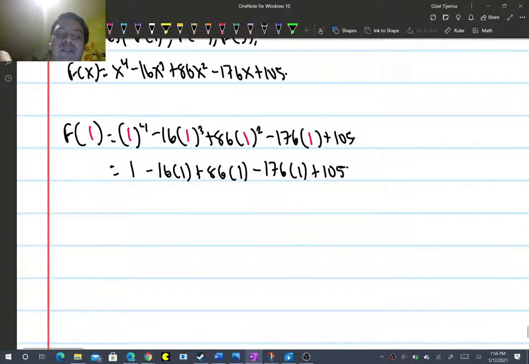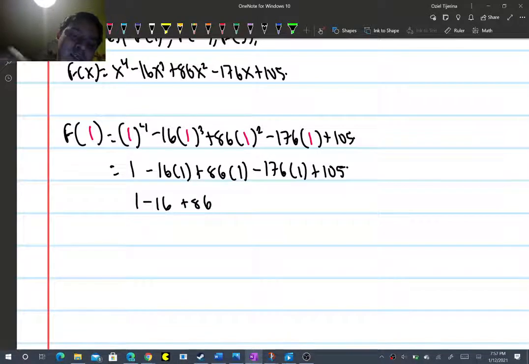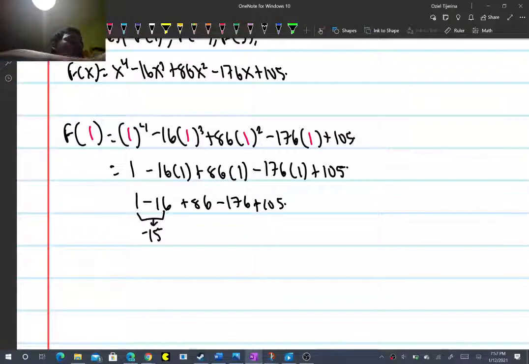Now you can use a calculator if you want. I don't really mind doing it without one, unless the number is bigger. Since it's just 1, it's not really that bad. So we have 1 minus 16 plus 86 minus 176 plus 105. This is negative 15. 86 minus 176, if I use my calculator here, that's negative 90.